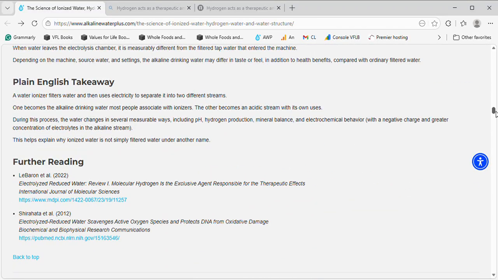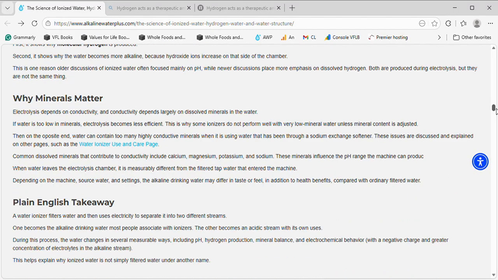All right, so now here we're back to why minerals matter. On the opposite end, you can have too few minerals, in other words, that's bad. Can't ionize. And then also on the opposite end, water can contain too many highly conductive minerals, like sodium.